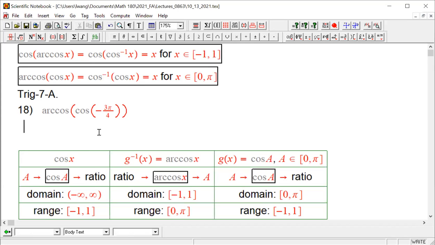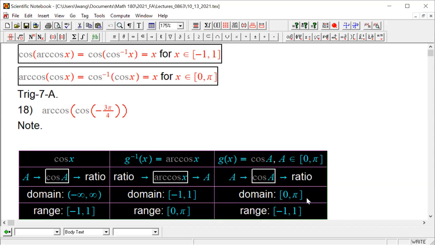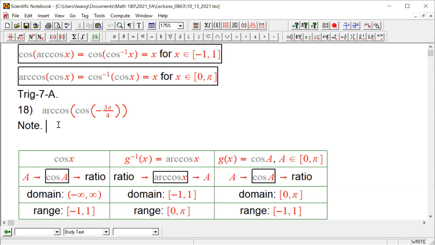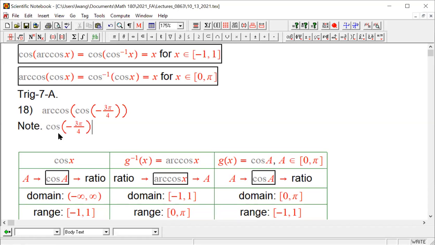First, let me just write down some discussion. With knowledge such as this, I see cosine of negative 3 pi over 4. On the first inside, I know this is going to be between -1 and +1, before I put the values in. That's the big picture.